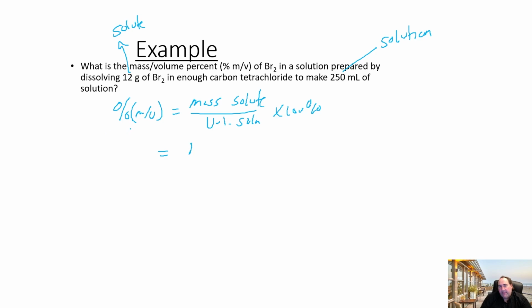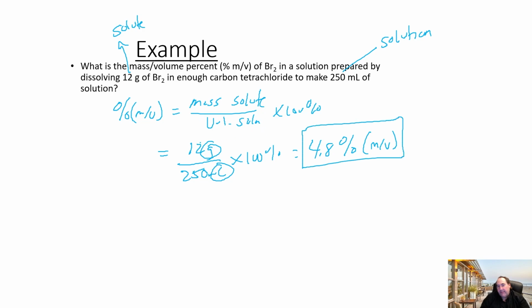So we'll go with 12 divided by 250 milliliters times 100%. Going to give us 12 divided by 250, and I'm going to times by 100, not forgetting to do that part. 4.8%. I would say most people will just get rid of these units here and leave it as 4.8% and put the M/V in this case.